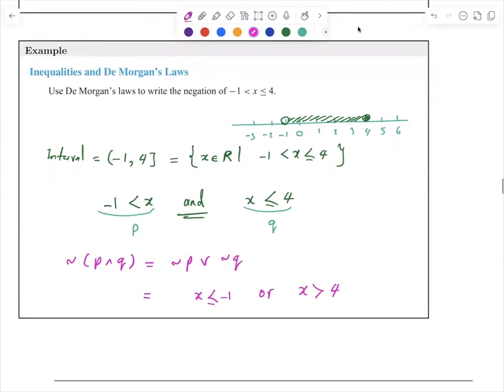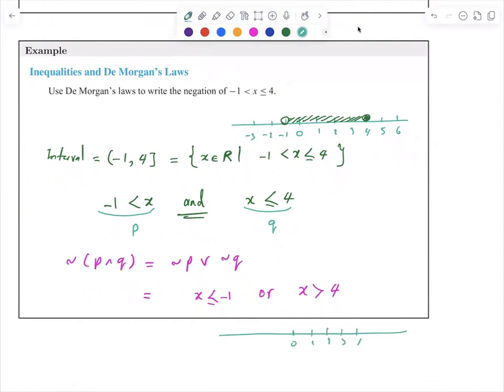But on the number line, it's basically like this. Here you have your number line: 3, 4, 5, 6, -1, -2, -3. We look at the union between these two intervals. On the left-hand side, the interval starting from -1 and going down, and on the right-hand side, we use an open circle on 4 and go to the right.